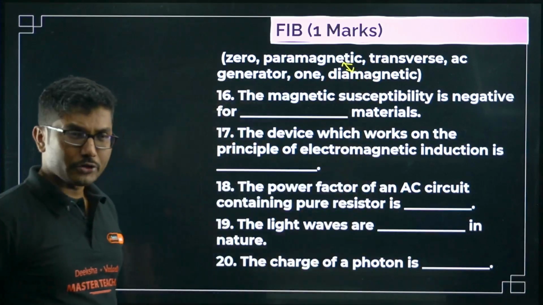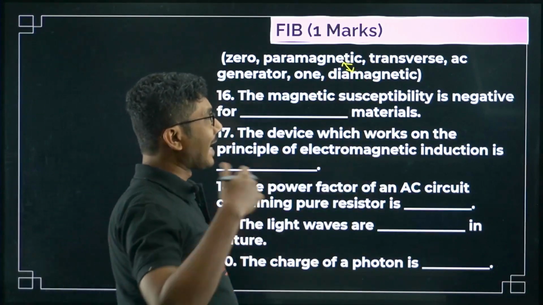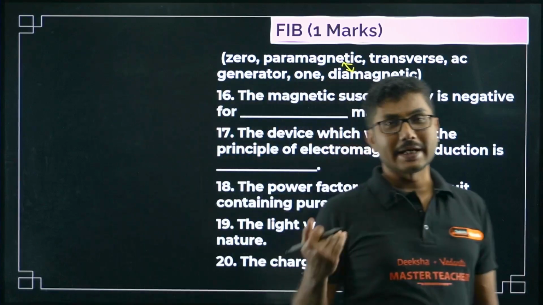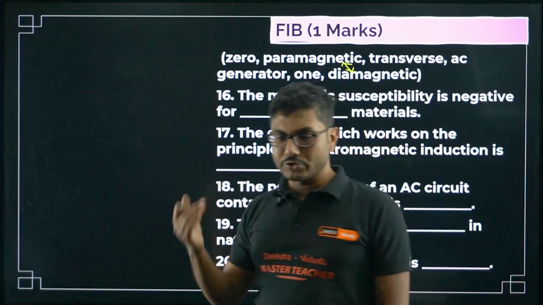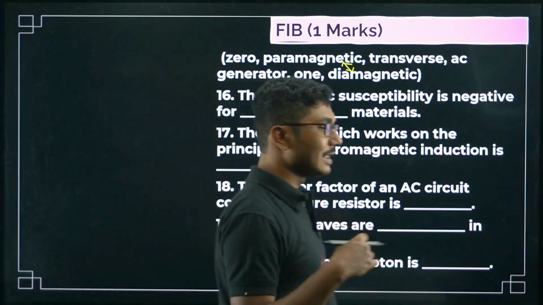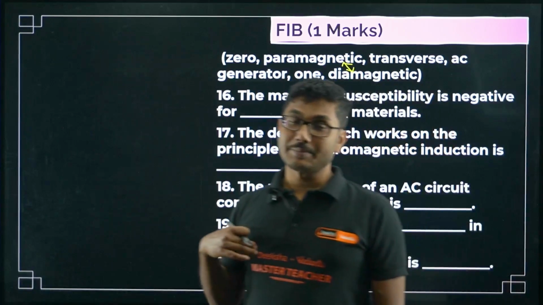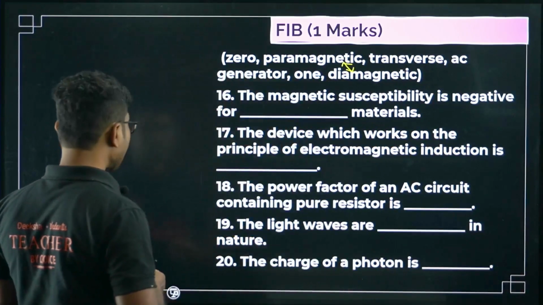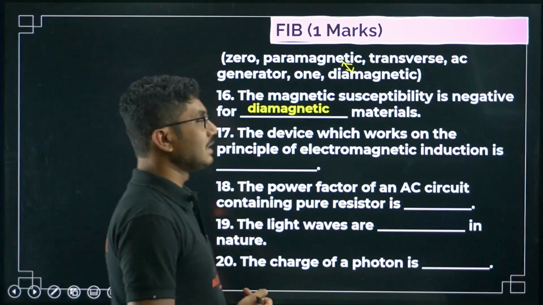No other answers are possible. Magnetic susceptibility is negative for one of them and positive for the other. Now if you remember, paramagnetic is basically positive susceptibility. That means diamagnetic will be negative susceptibility. So you have to be careful answering this question.